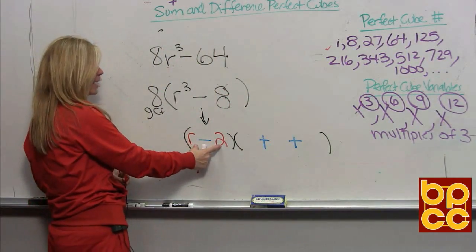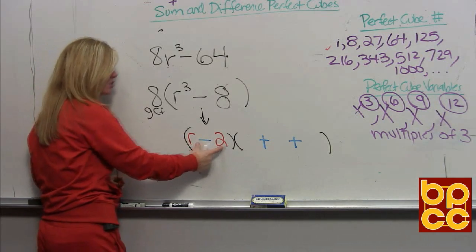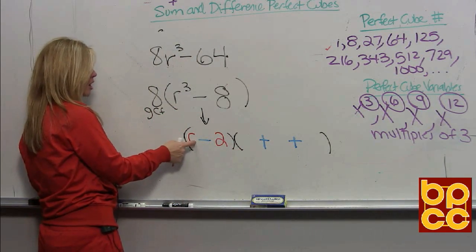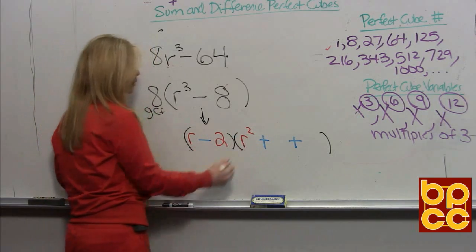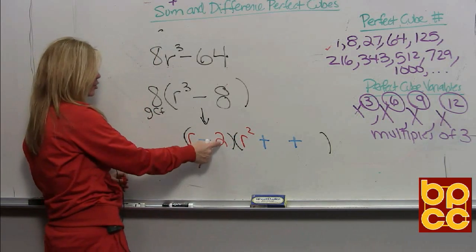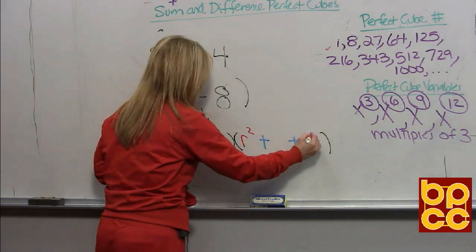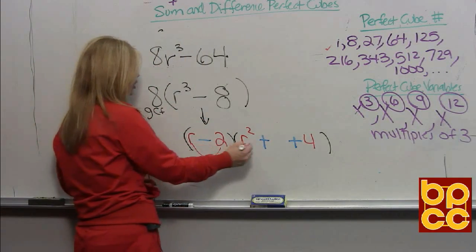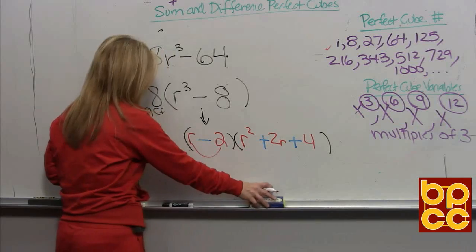Once you get the binomial, you use these terms to make the trinomial. Square the first. R times R, R squared. Square the last. 2 times 2, 4. Multiply them to make the middle. R times 2, 2r.